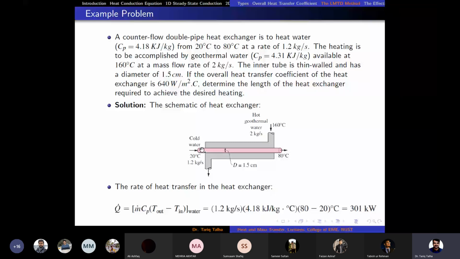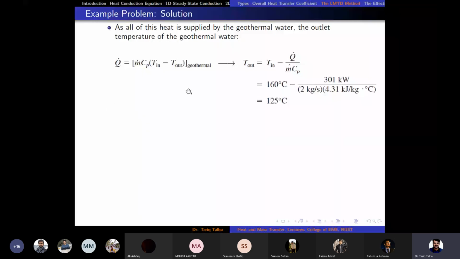So here we can find Th out, which is not given to us, and that would be equal to Th in minus Q dot upon m dot Cp. It means that the geothermal water would be cooled to 125 degrees centigrade in this process from 160 degrees, which was the inlet temperature.